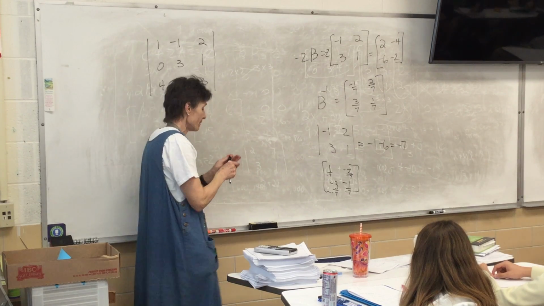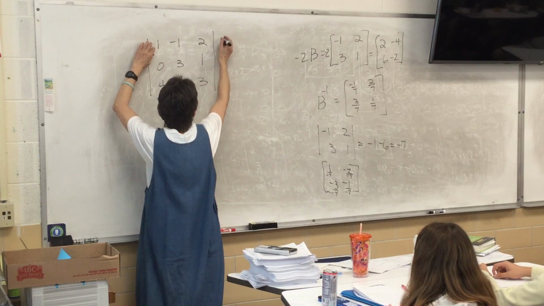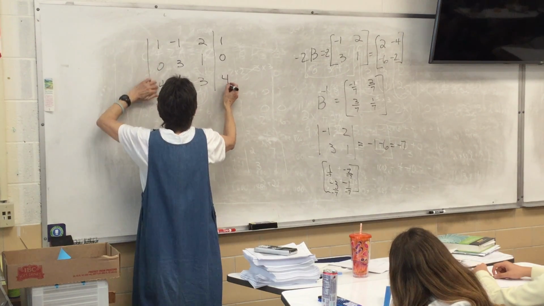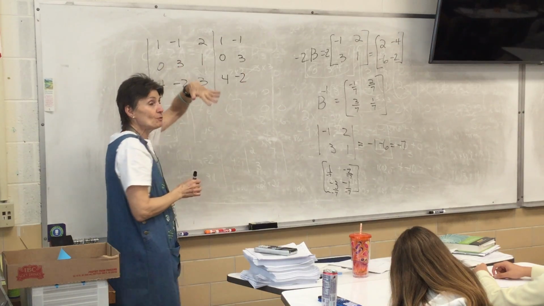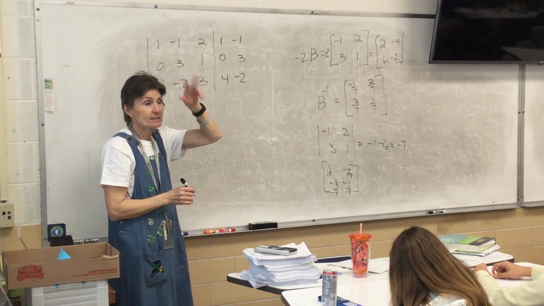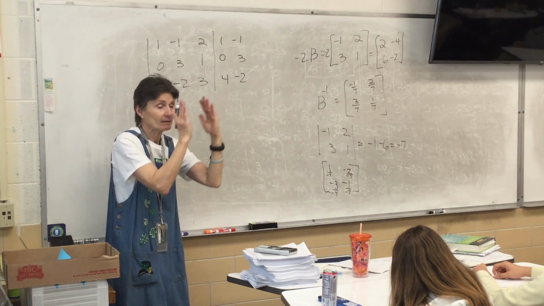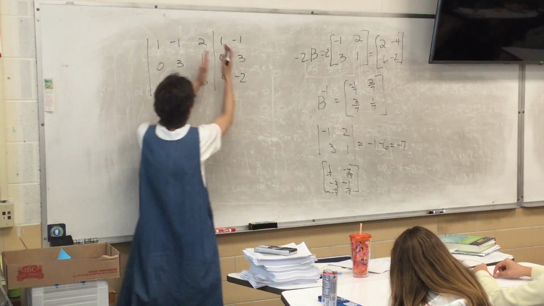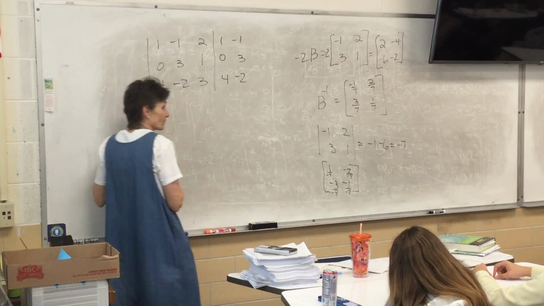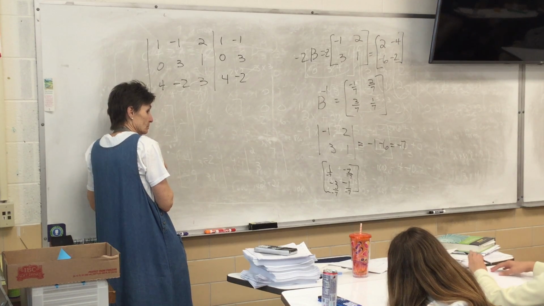What do I do here, Kai? Copy the first 2 columns, that's right. So 1, 0, 4, negative 1, 3, negative 2. Now when you recopy those, kids, copy them exactly. Don't be messing around with order. First one, second one. Okay?